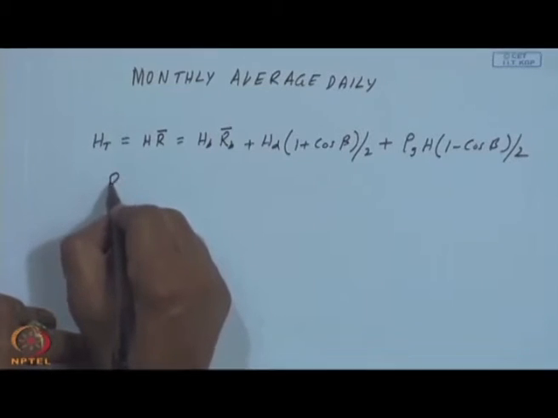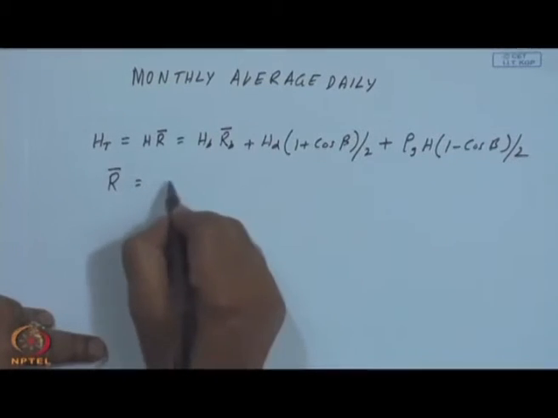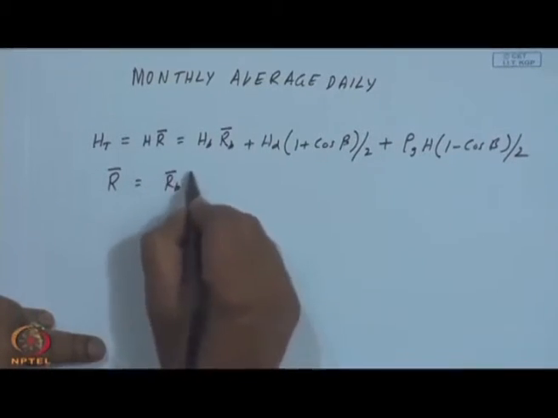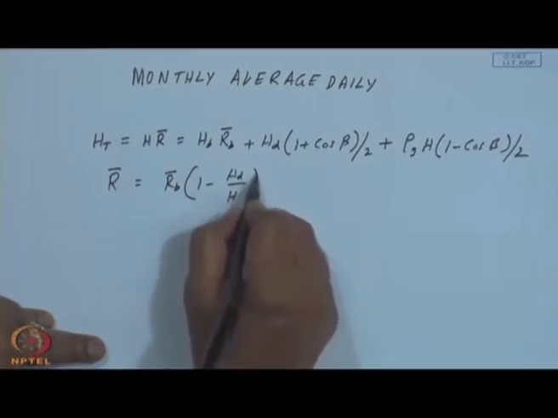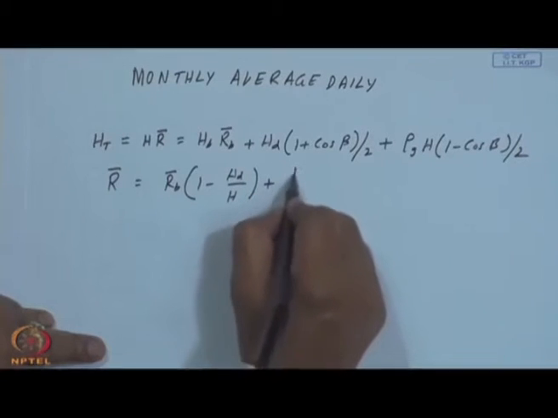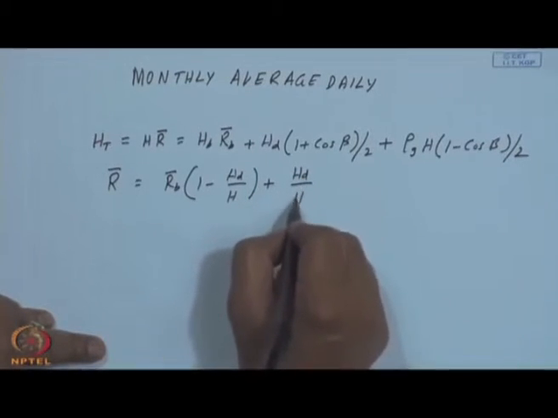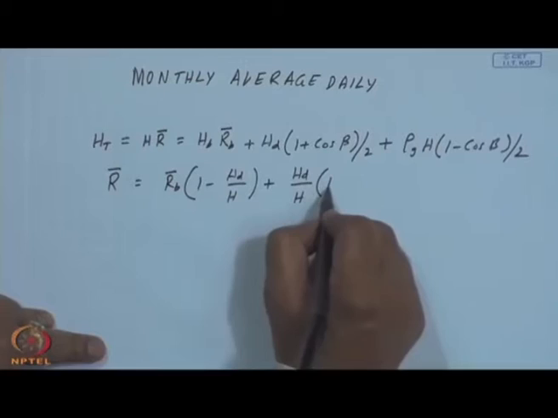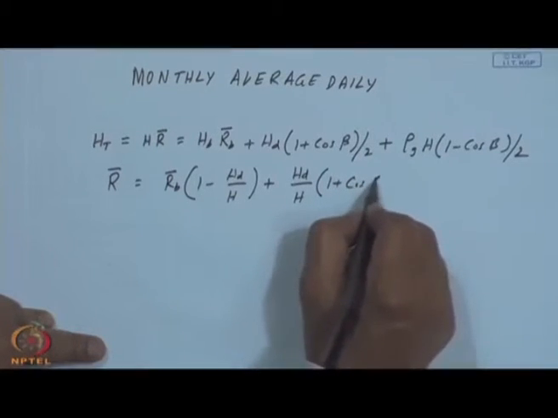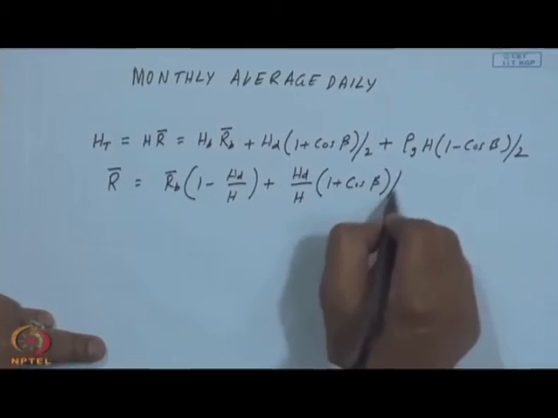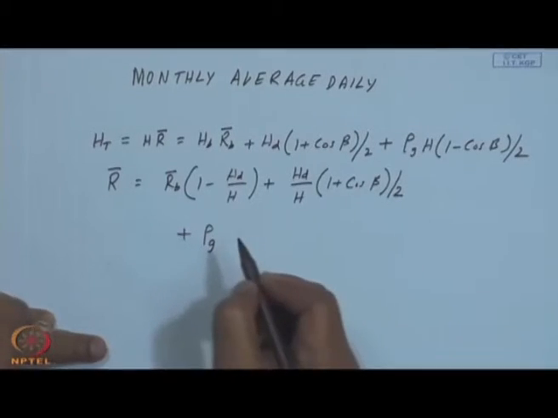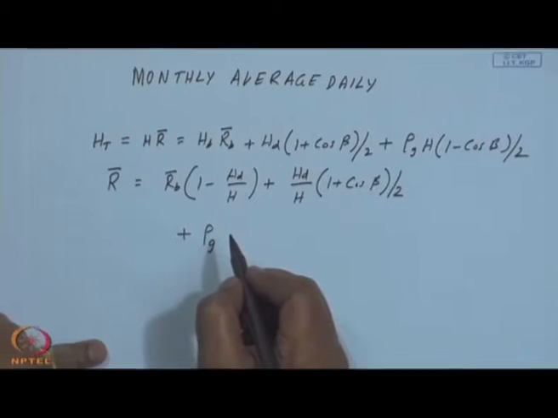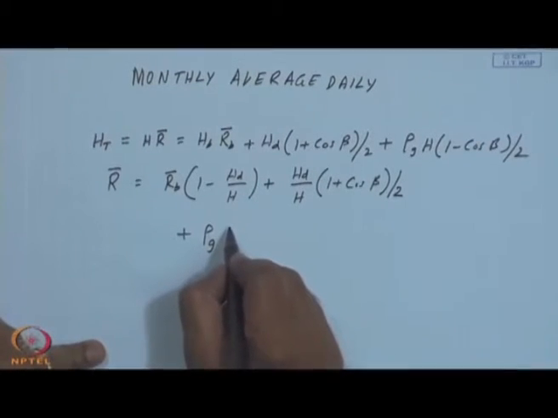So, the overall factor is given by this, which consists of the beam radiation component R b bar, the sky diffuse component and the ground reflected component.